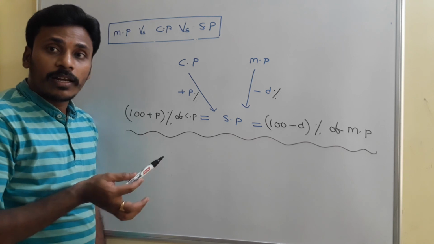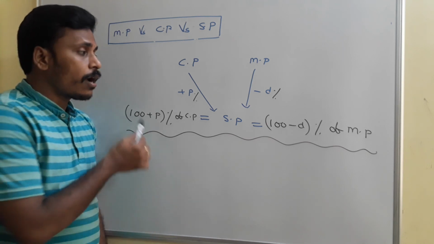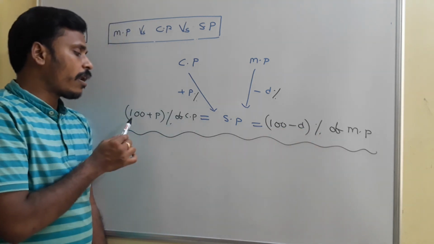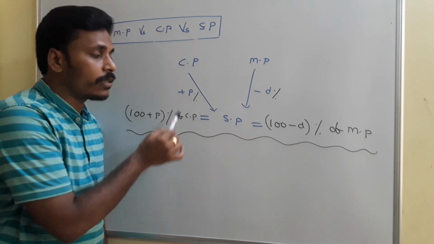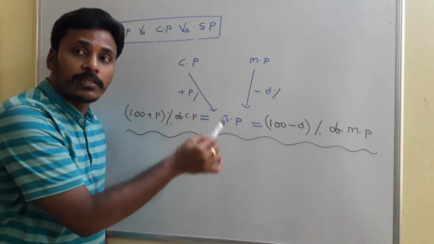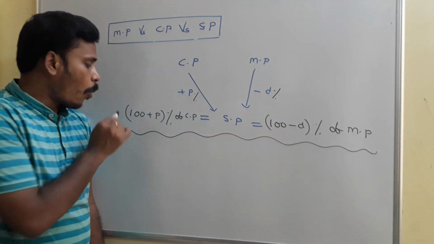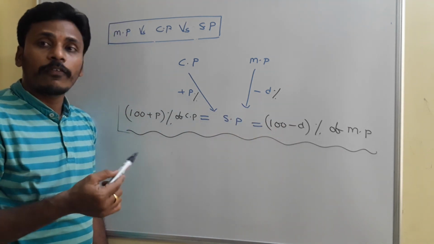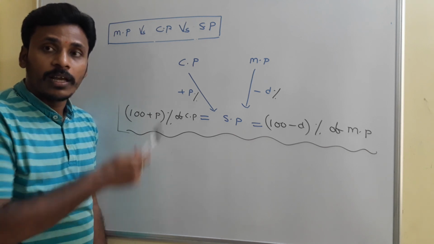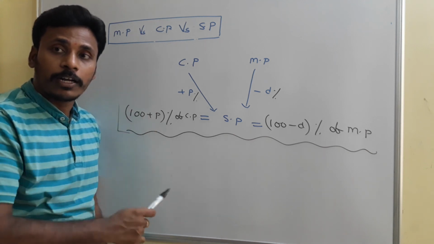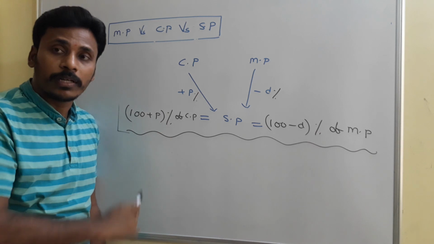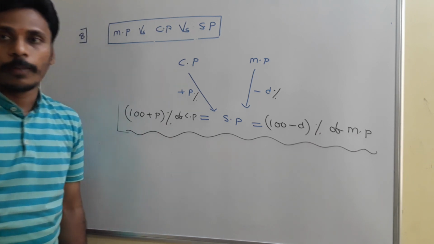But without that relation, we always have this line: 100 plus profit percent of cost price is equal to selling price, which is equal to 100 minus discount percent of market price. It is a very helpful line for solving different problems. Just memorize it, the relation between cost price, market price, selling price along with discount percent and profit percent. Just have a look.